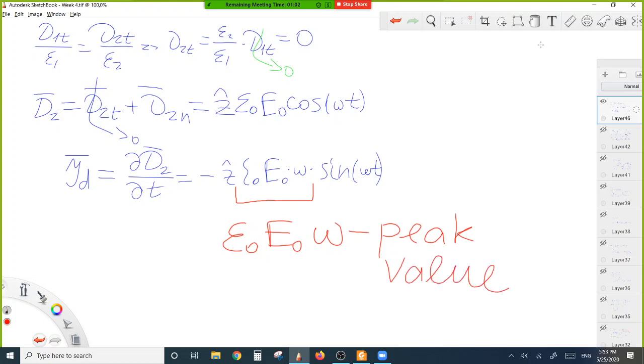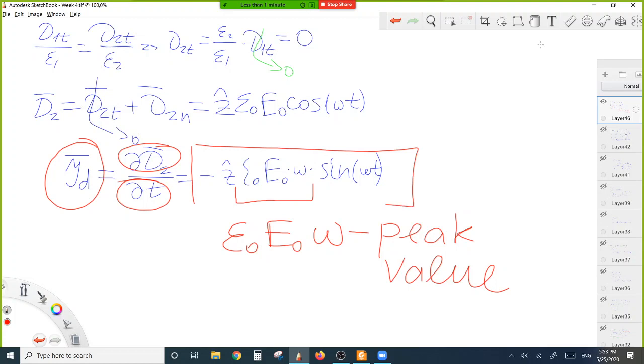If you put in numeric values, you will find the numeric value for the peak displacement current density. So the main idea: displacement current density is the derivative of D by time, and the derivative we found is equal to this.